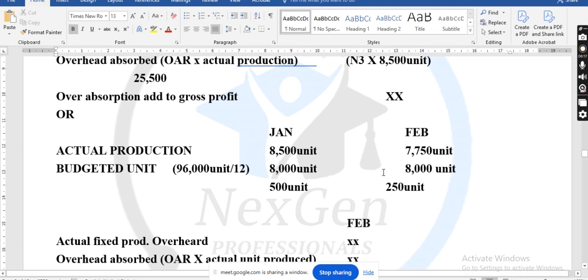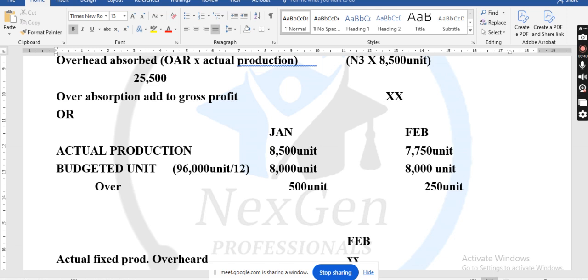Look at it in this perspective, don't forget it is cost. The budgeted unit is 8,000 units and you end up producing 8,500. Definitely you will incur more cost. That is an over absorption. The first one is an over absorption.